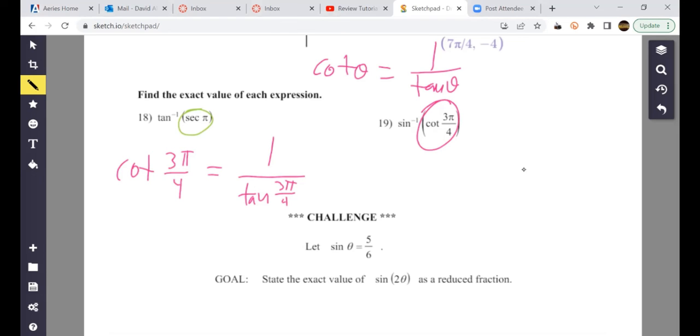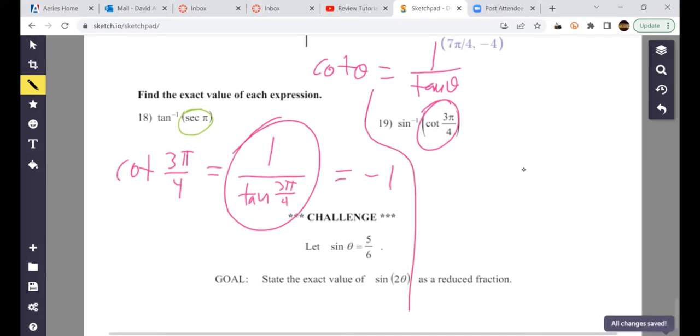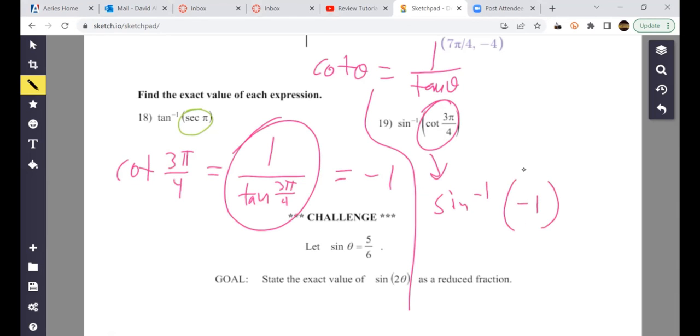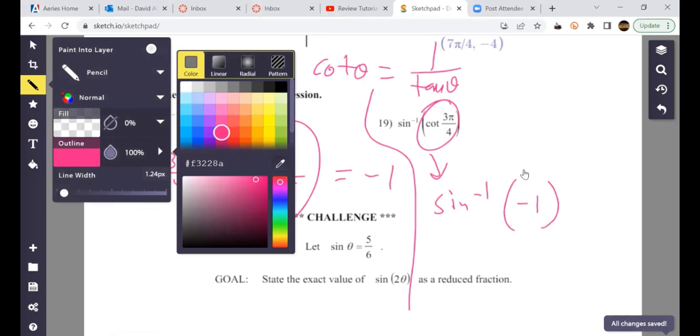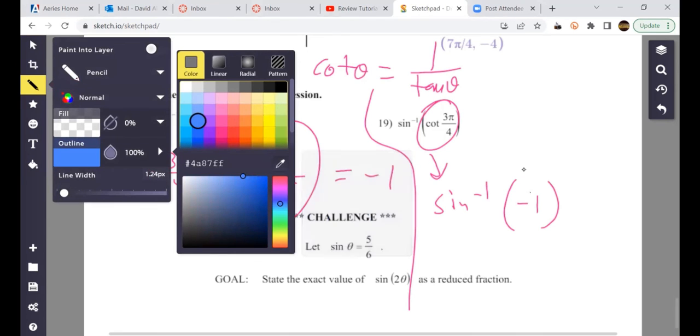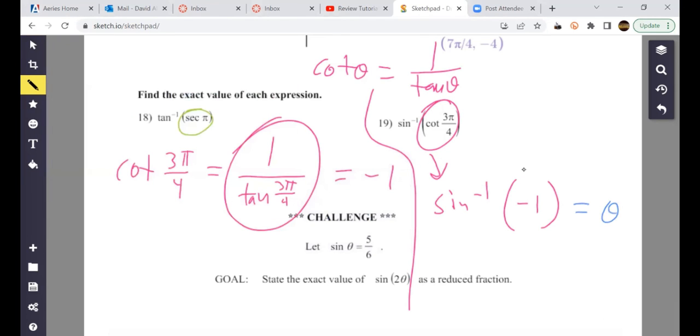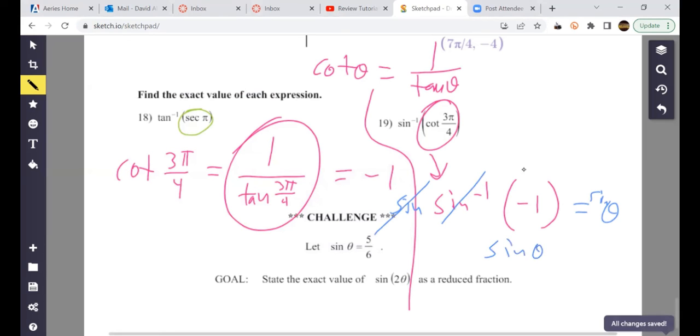I'm typing in exactly all of this in my device, and I got back -1. So going back to our main problem, this would become sine inverse of -1. And then the routine is that whenever we see inverse, we let it equal theta. And then we take the sine of both sides, because these cancel. And so we have sine theta equals -1.